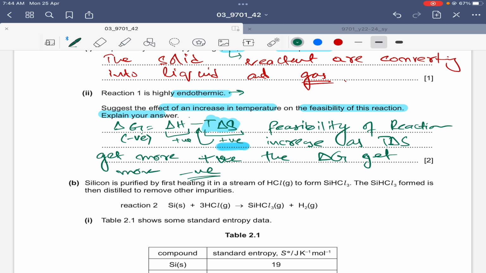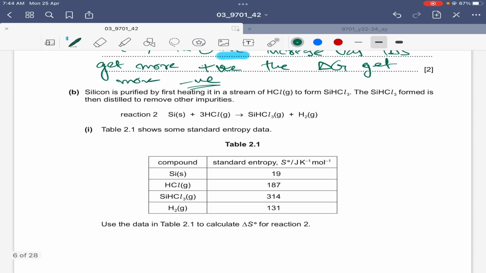All right, now the next part of the question is: silicon is purified by first heating in a stream of HCl to form SiHCl3. The SiHCl3 formed is then distilled to remove other impurities. Right, this is the chemical reaction in which silicon is reacting with hydrochloric acid to form SiHCl3 plus hydrogen. Table 2.1 shows some standard entropy data.